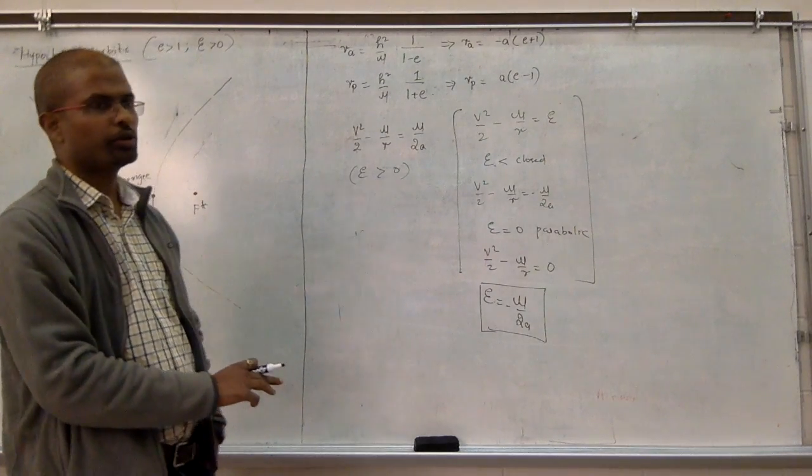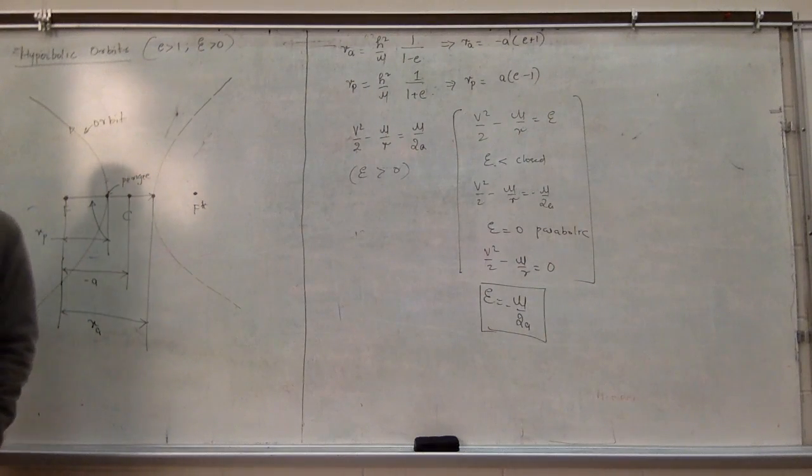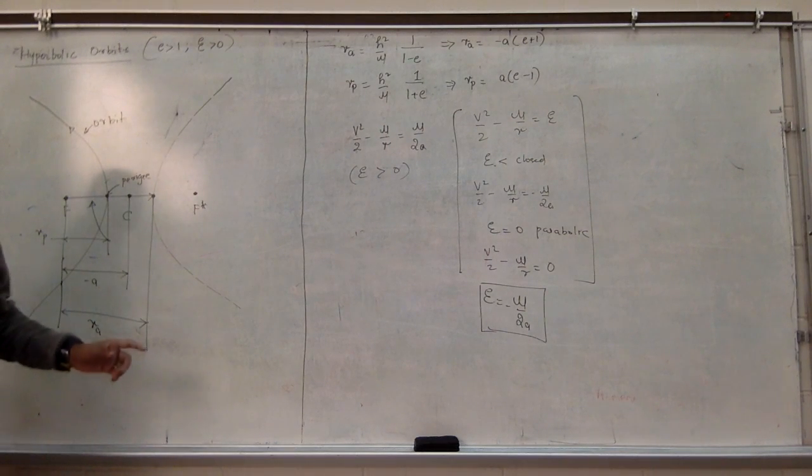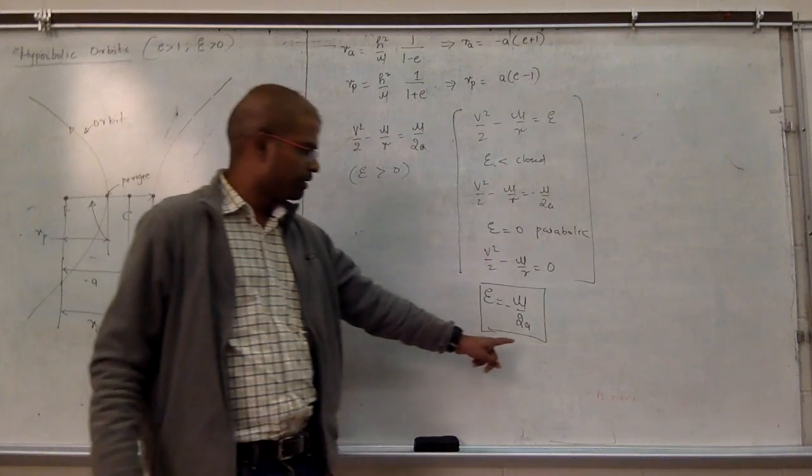I told you, I'll give you two expressions and say from that show that the energy of the orbit is only a function of size. A defines the size.